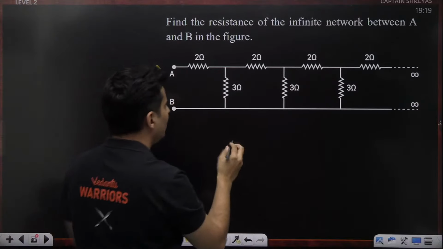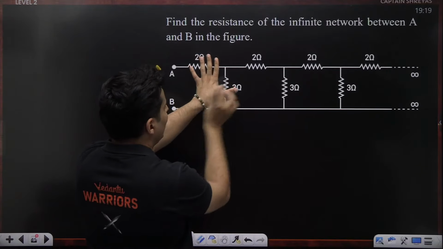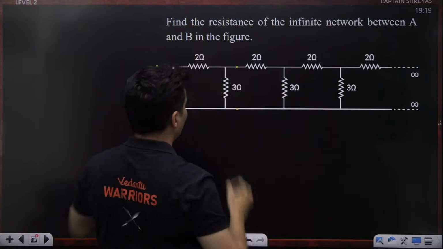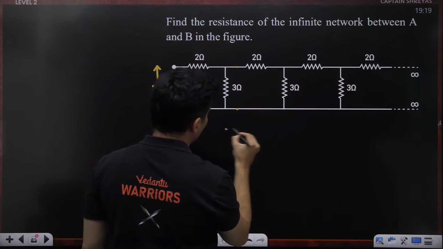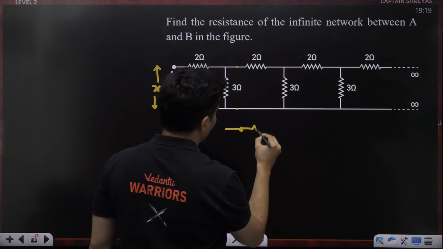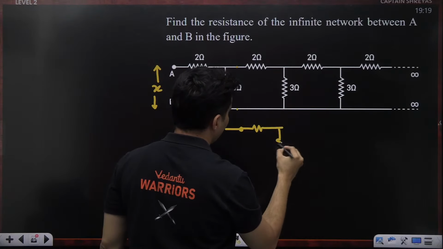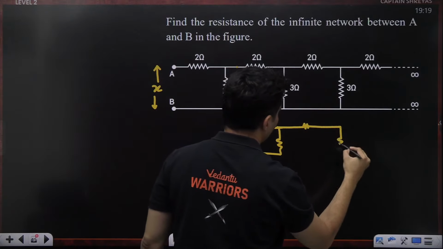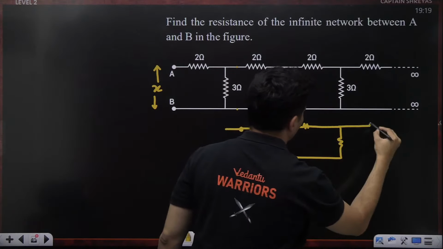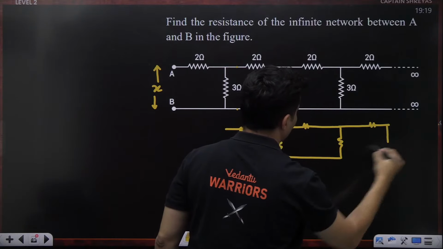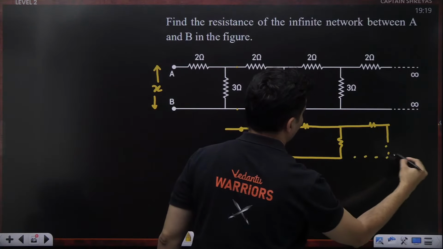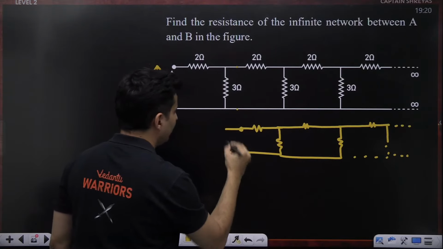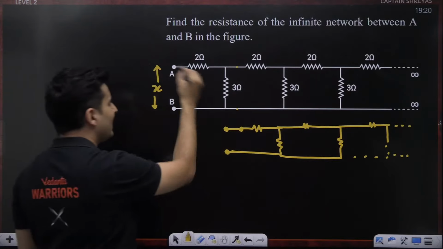Now think about it. Forget the first part. Just imagine the remaining part right between these 2 points. Right from here, this 2 and then this 3 over here. And this continues. This 2 and this 3 over here, this 2 over here like this. It continues till infinity. Isn't this diagram the same as this diagram?